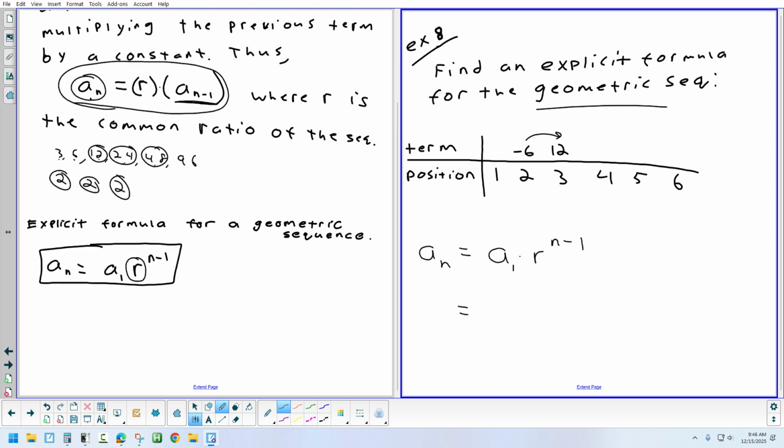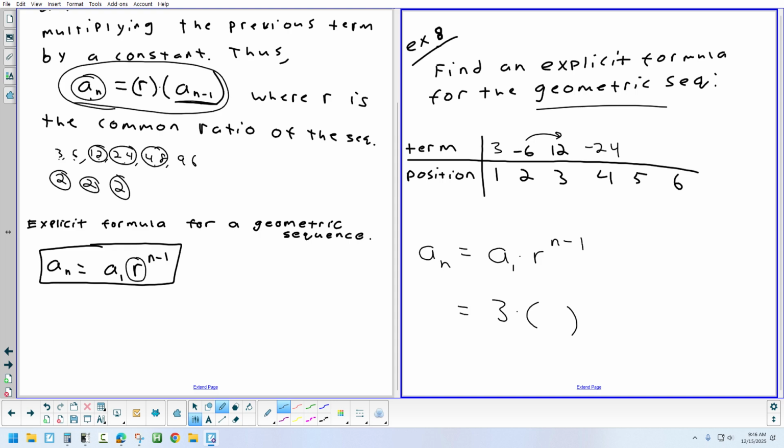How do you get from -6 to 12, and it has to be multiplying because it's geometric? You times by -2. So if you went to the fourth one, what would that be? Negative 24. But we don't want to go to the right. We need to go back to the left one. So if you times by -2, then do the opposite of that, and it'll tell you the first term. 3. Yep. Okay. So we know the first term is 3.